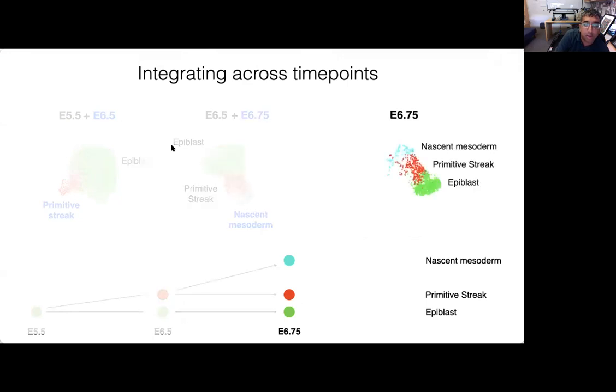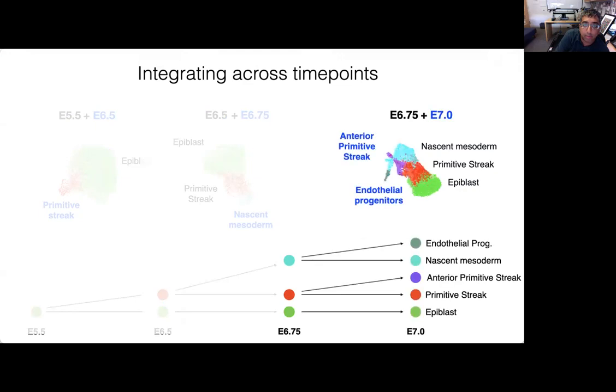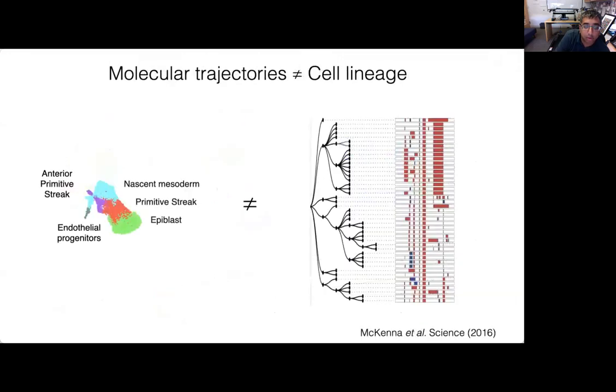And then if we go out another 6 hours, taking E6.75 and co-embedding with E7.0, we see additional cell types and can infer their likely pseudo ancestors. And so we can do this over and over again and build a pseudo tree.